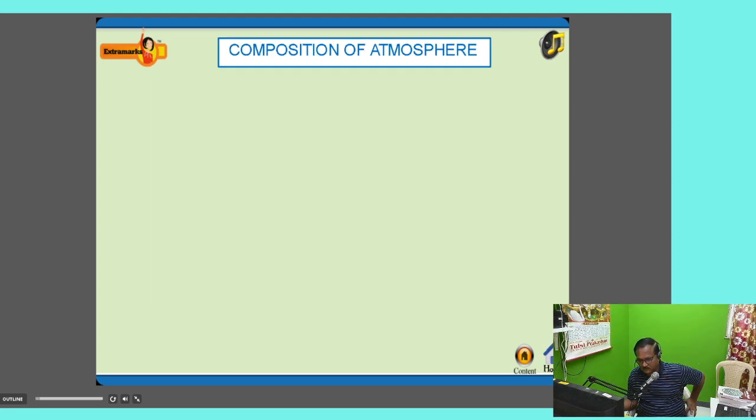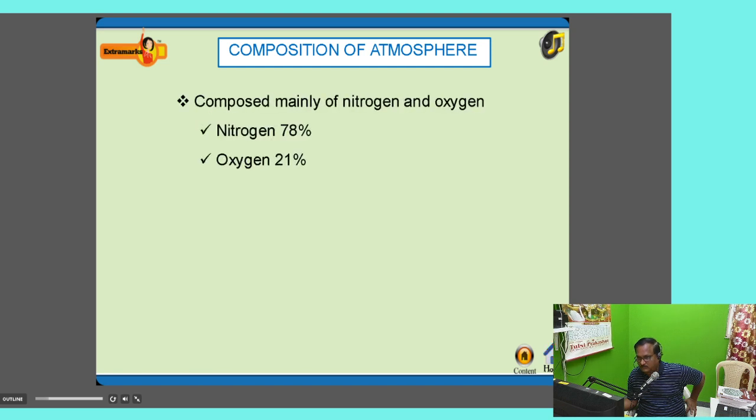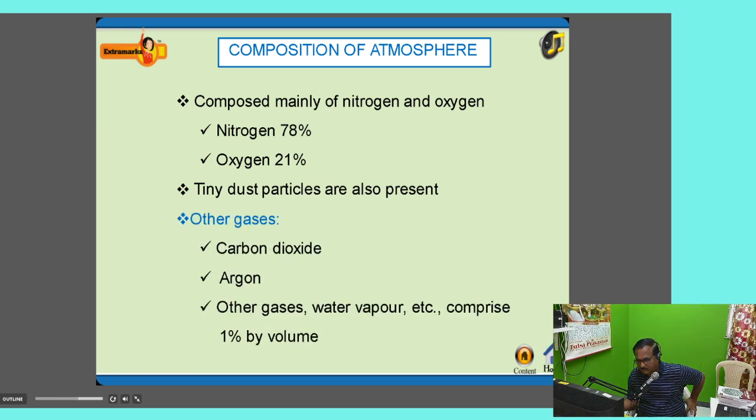Composition of atmosphere. Atmosphere is composed mainly of nitrogen and oxygen. Nitrogen 78%, oxygen 21%. Tiny dust particles are also present. Other gases, carbon dioxide, argon, water vapor, etc., comprise 1% by volume.